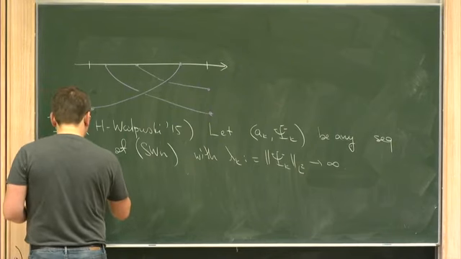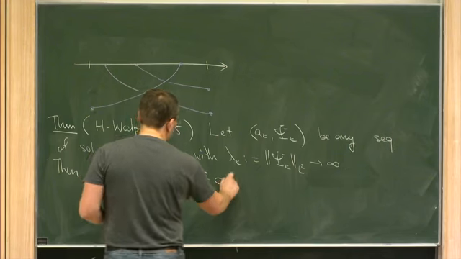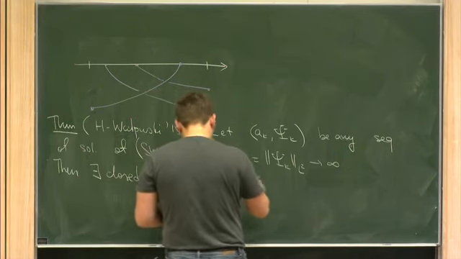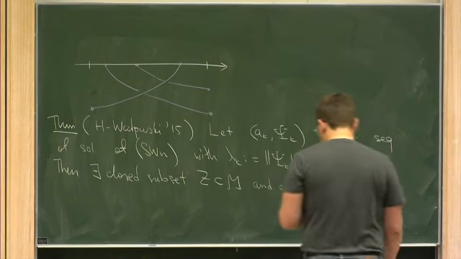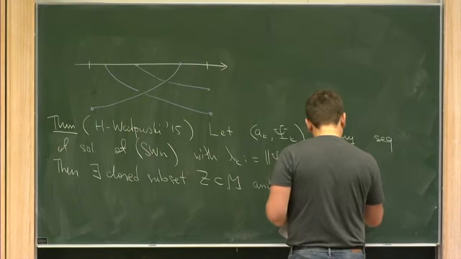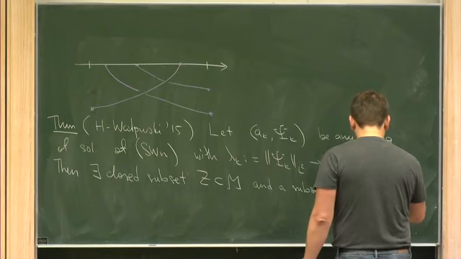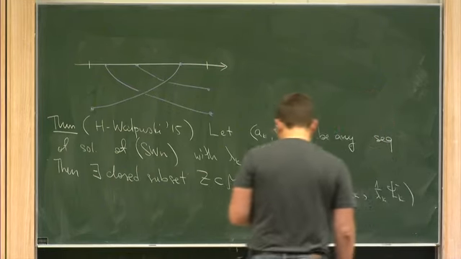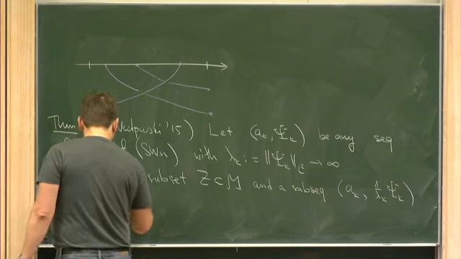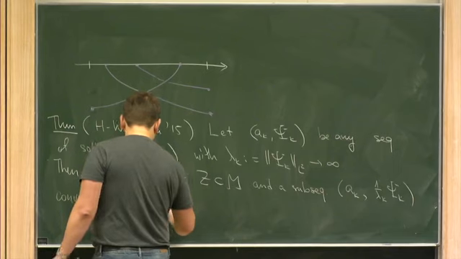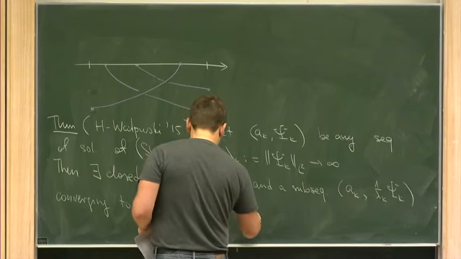Then there is a closed subset Z in M, and a subsequence, still denoted by the same index, such that A_k and the renormalized spinor converge to some limit A, psi, and this converges over the complement of Z.